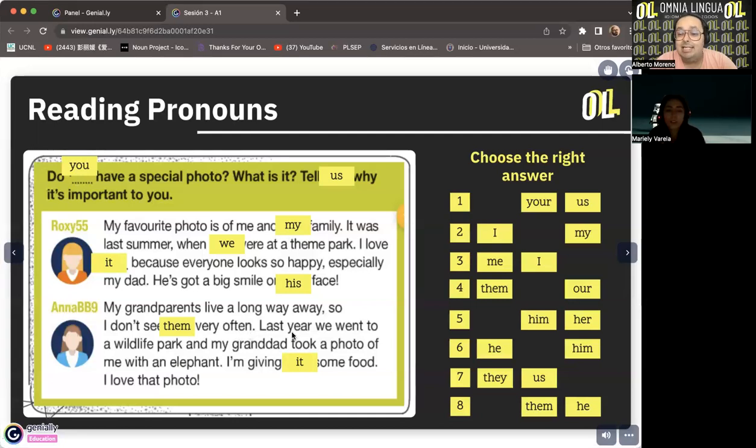Last year, we went to a wildlife park, and my granddad took a photo of me with an elephant. I'm giving it some food. I love that photo. Very good.